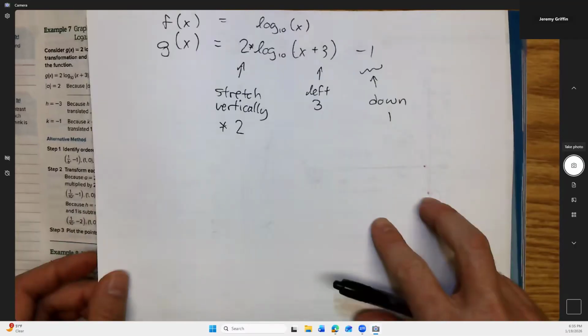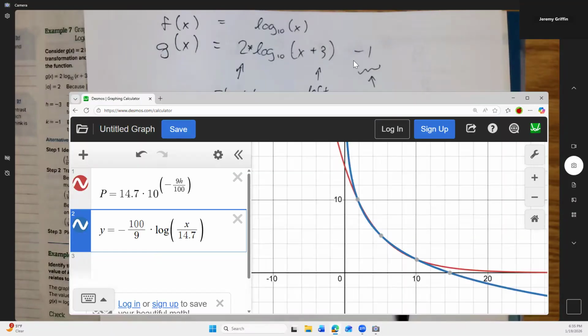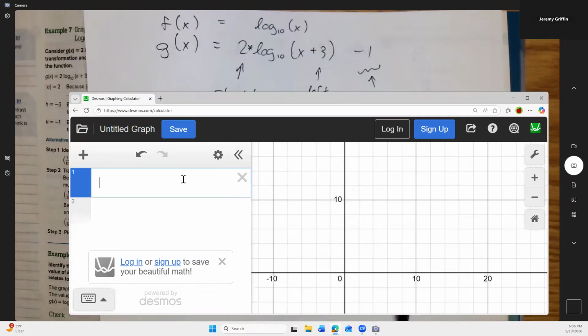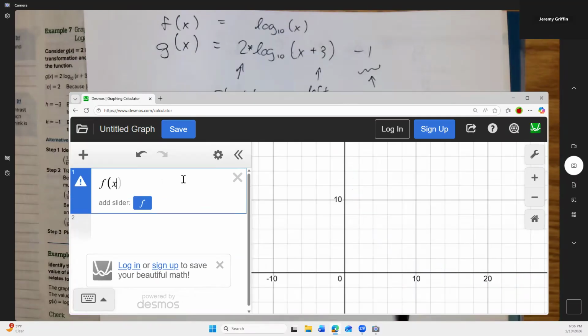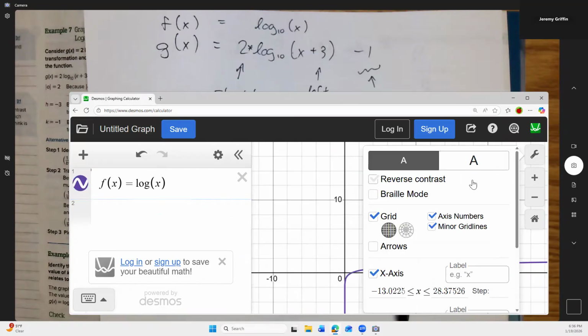Yeah, so you can shift this around. I'll put both of those graphs into Desmos to show you guys that that would be the outcome. All right, so let's clear all these out. All right, let's go f of x is equal to just log x, so log base 10 of x. You know what I'll do while I'm at it? Let me change this setting.